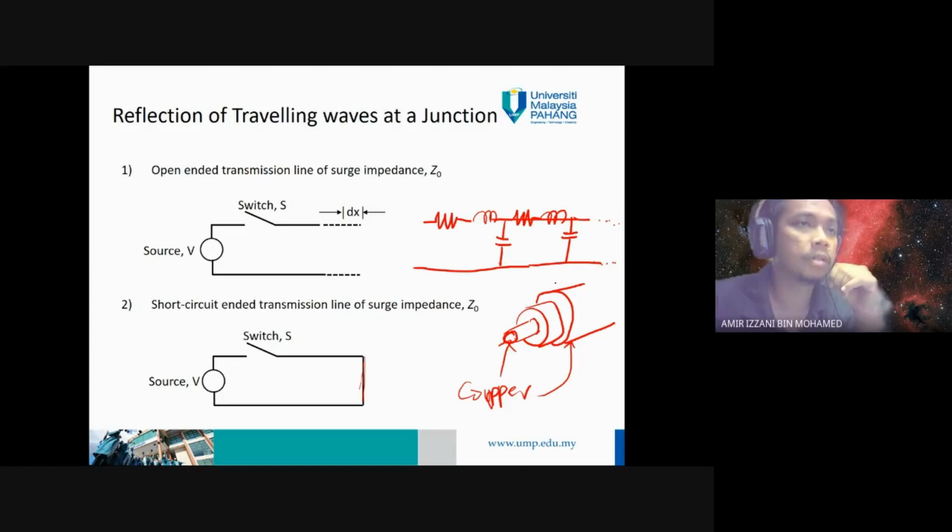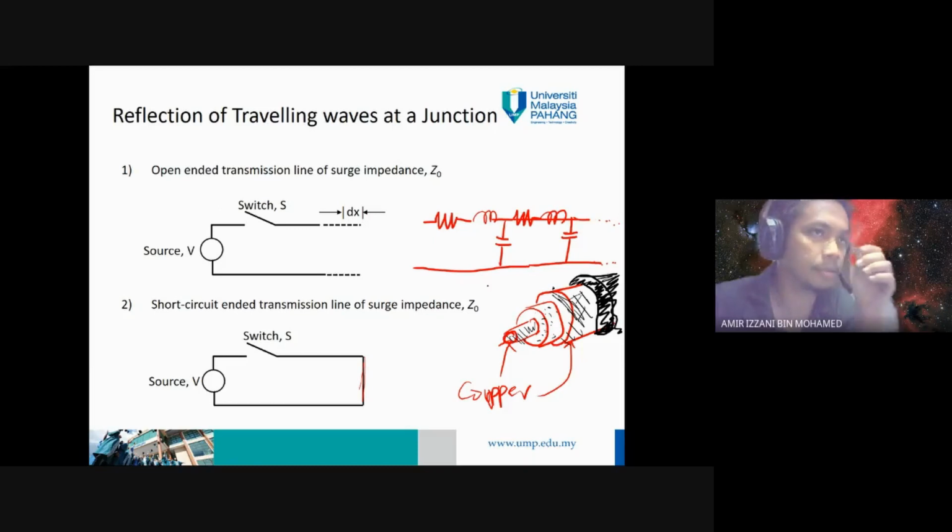The outer part is the cover of the cable. This is copper, and this one is the insulation.